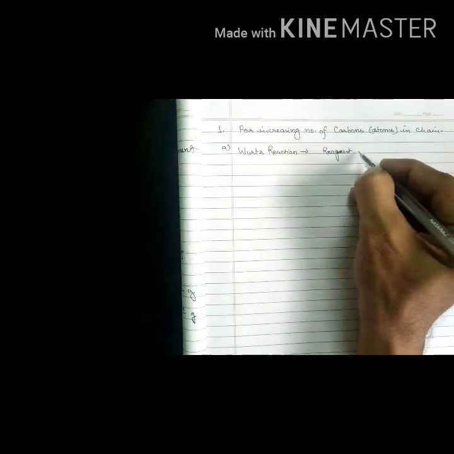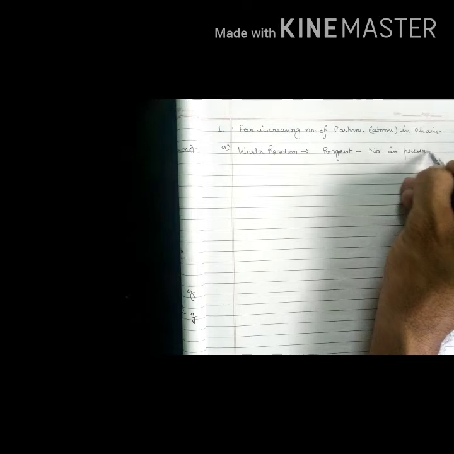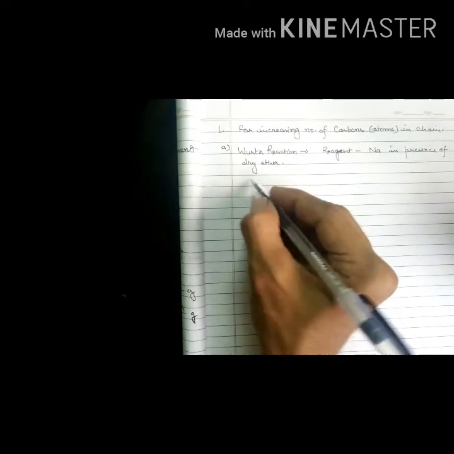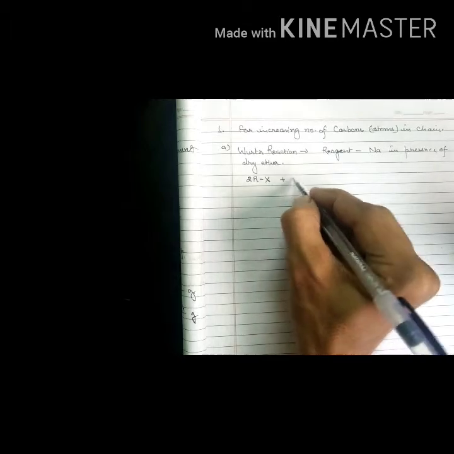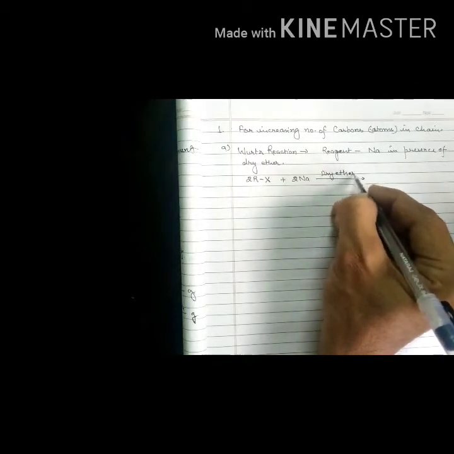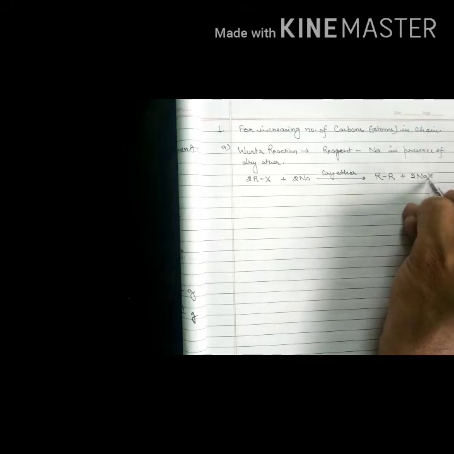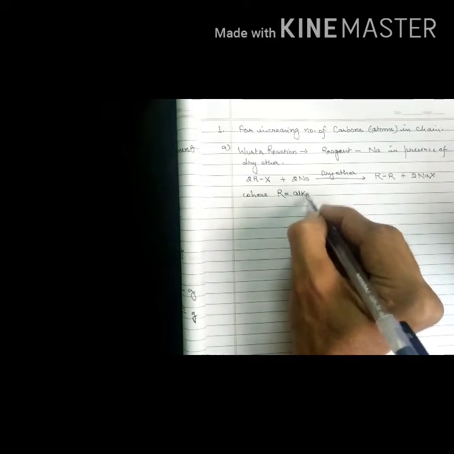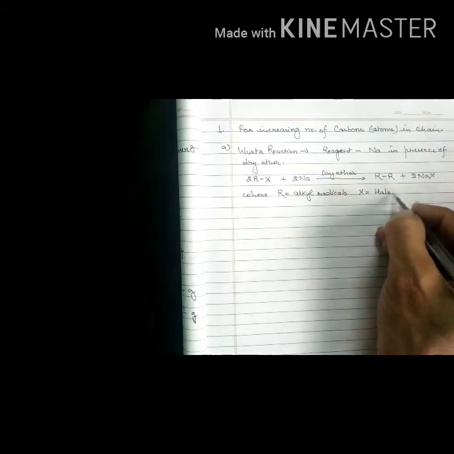The reagent is sodium in the presence of dry ether. 2RX plus 2Na in the presence of dry ether gives R-R plus 2NaX, where R is an alkyl radical and X is a halogen.